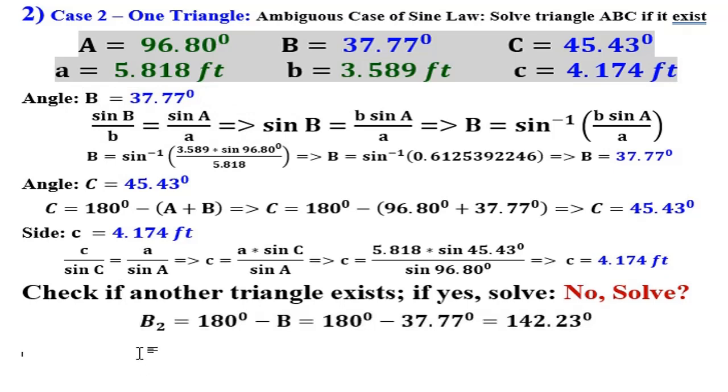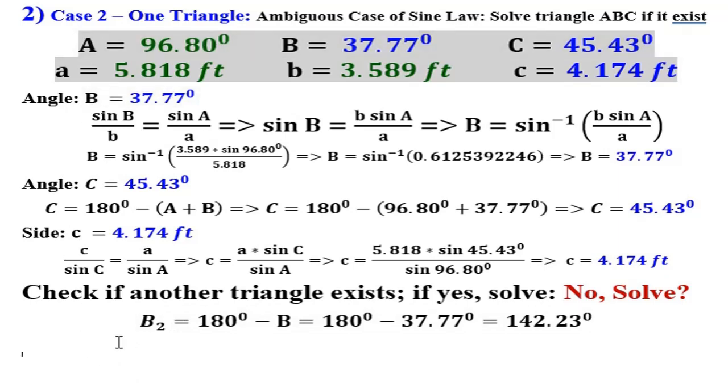So B2 is 180 minus B, which is 180 minus 37.77 degrees, that is 142.23 degrees. But for that triangle to happen, the check is you add this B2 to the given angle.